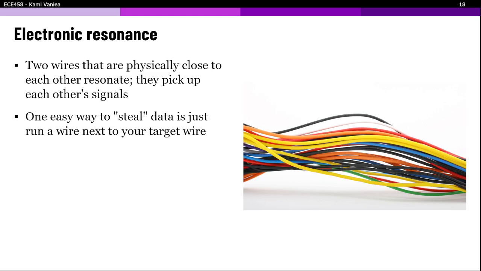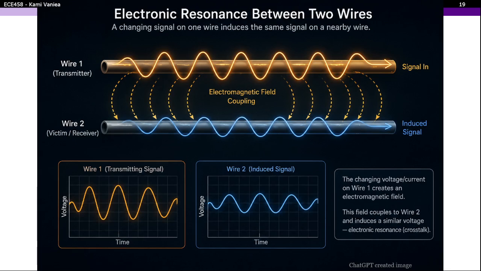So what happens in resonance, and apologies, I let ChatGPT make this diagram. I think it is actually accurate. The main concept is that if you have two wires running next to each other, they have a signal, and that signal, if it's not well shielded, hence why we shield wires, can transfer over into the neighboring one.